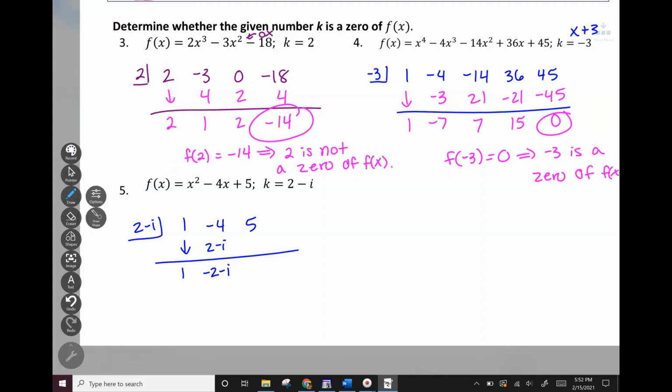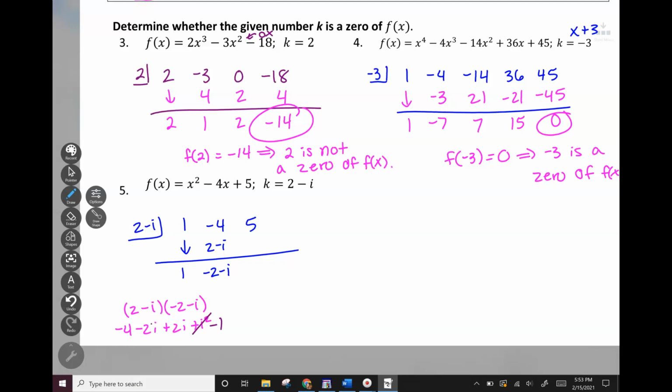Those are actually conjugates, which you've seen before, but let's just multiply them out here. 2 minus i times -2 minus i. FOIL that, so -4 minus 2i plus 2i plus i squared. Now remember, i squared is -1, so this is actually -1.